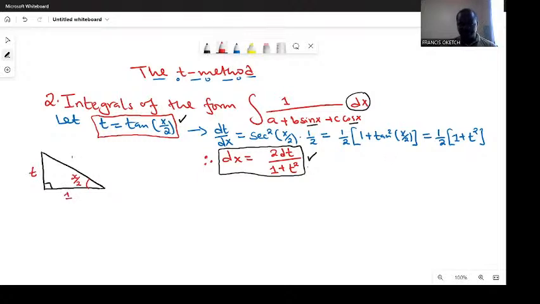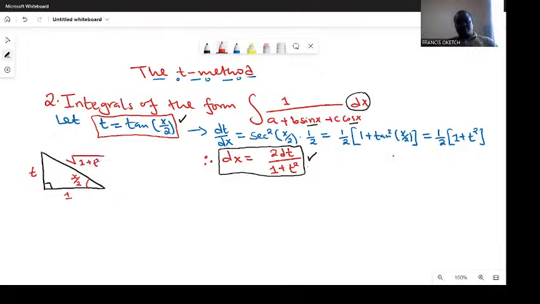So using Pythagoras theorem, I can get the hypotenuse. Remember, hypotenuse squared is the same as the base squared plus the height squared. Now we want the hypotenuse, so you take the square root on both sides. So that will give us the square root of 1 plus t squared.